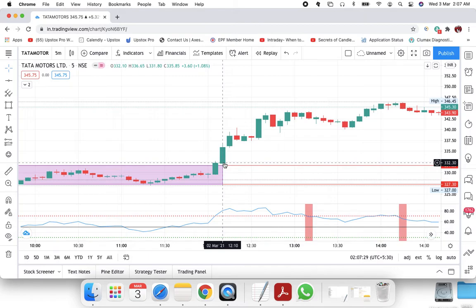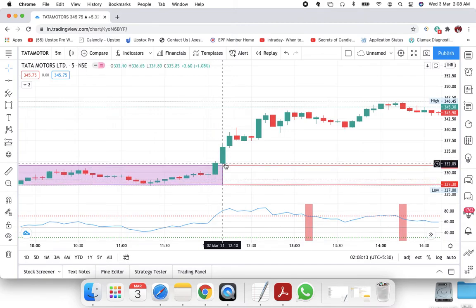If we enter here, what will be our ideal stop loss? The ideal stop loss is the previous candle open, or if you want to take some more risk, then this range, that is 327, is a very good stop loss.